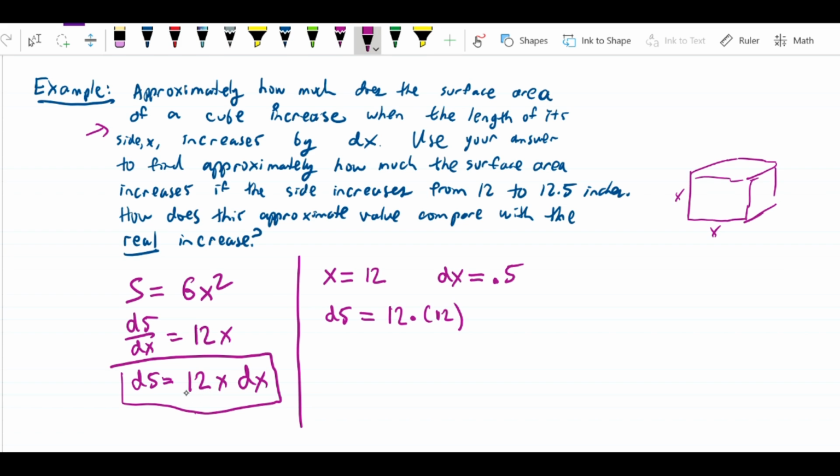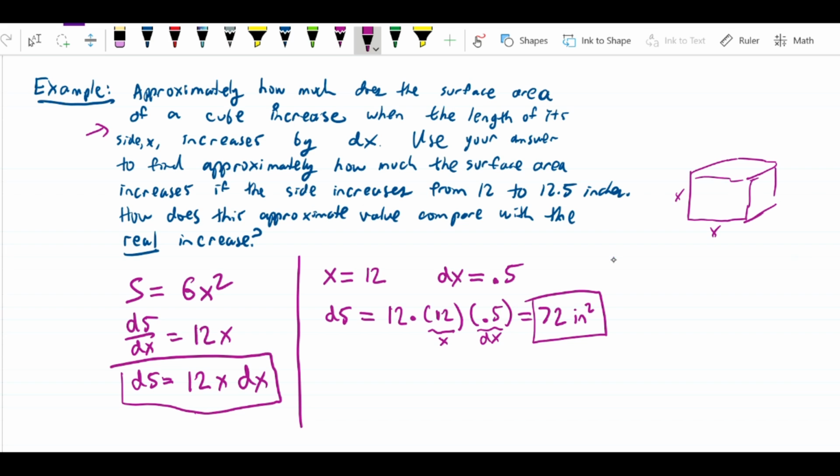This 12 is baked into the formula for the derivative. The other 12 is just the number of inches I started with, and then finally we multiply that by 0.5. So this is x and this is dx. So that comes out to 12 times 12 is 144, times a half is 72. So the answer is 72 square inches. This is the approximate amount that the surface area of the cube increases when we increase the length of its side from 12 to 12.5.